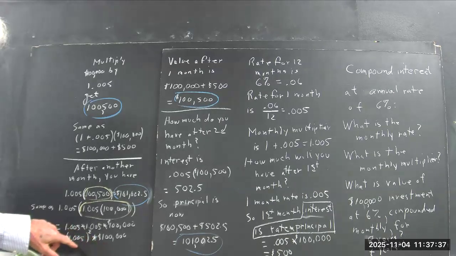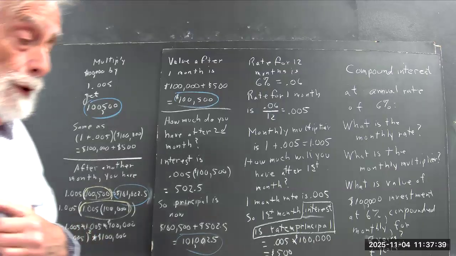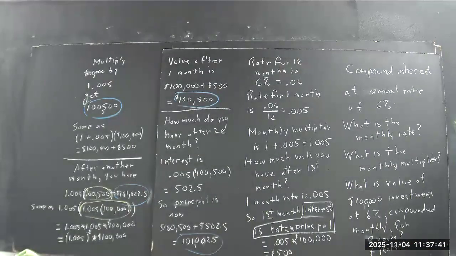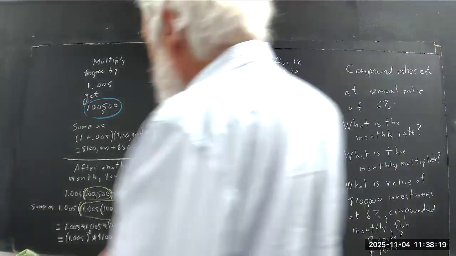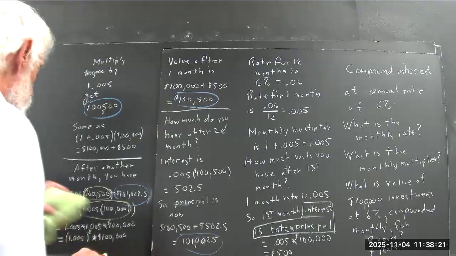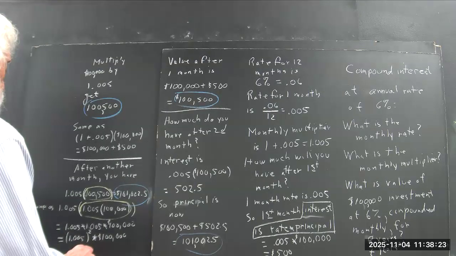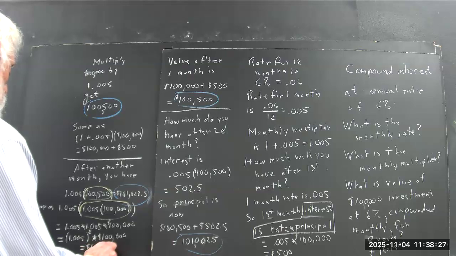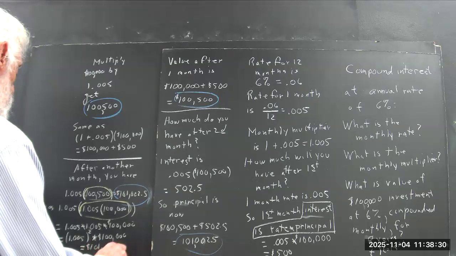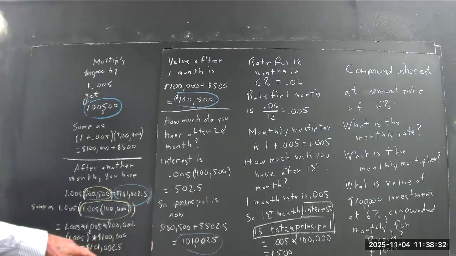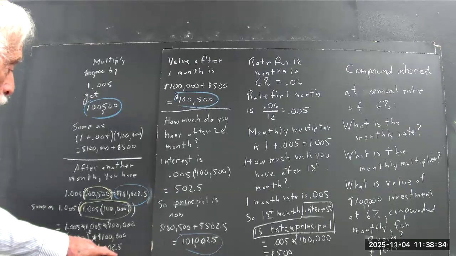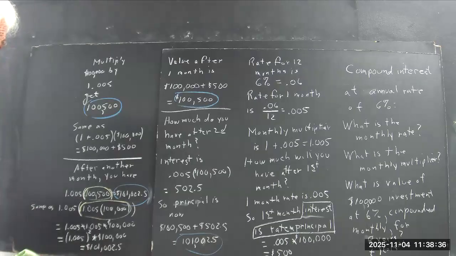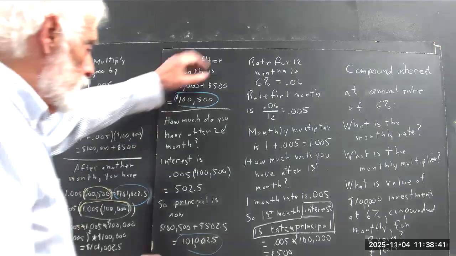Use your calculator, square this and multiply it by $100,000. Okay, if you do that, you find that this equals $100,1002.5, same as this, right?